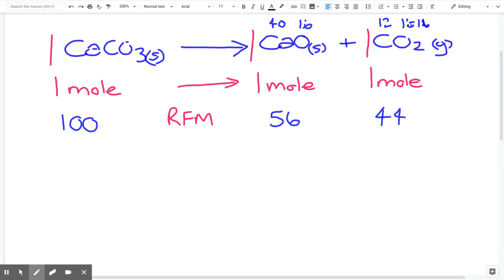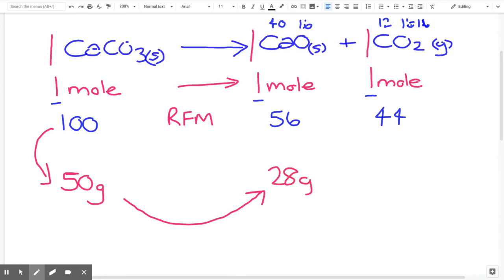But if we have all of these numbers as ones, what the RFMs do is allow us an insight into calculating the masses and the actual physical quantities that would be generated from these reactions. So again, just to use random example numbers, if, for example, 50 grams of calcium carbonate were used, we could estimate that that would produce 28 grams of calcium oxide plus 22 grams of carbon dioxide.